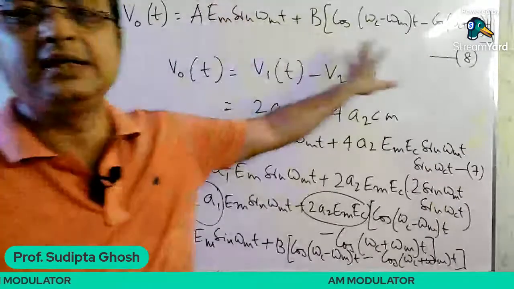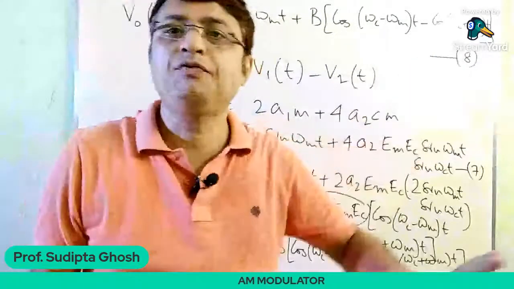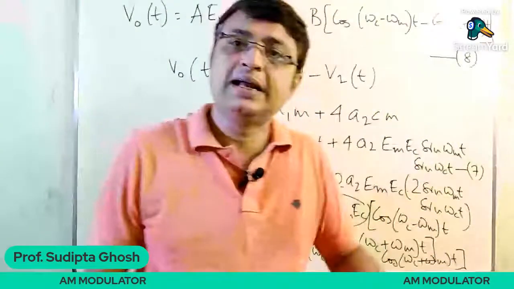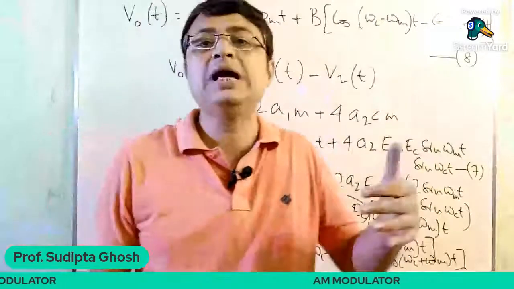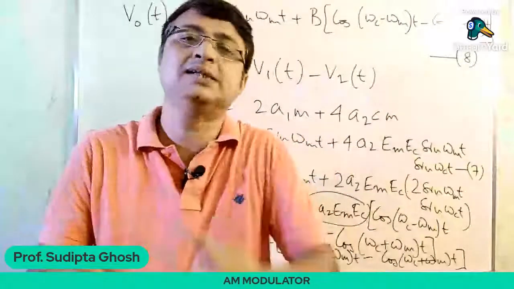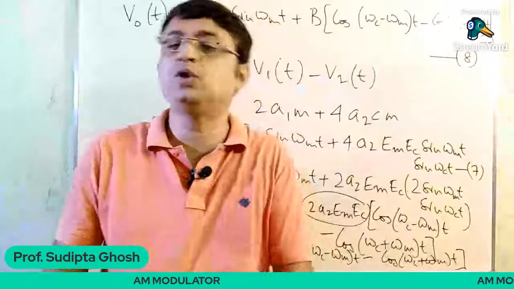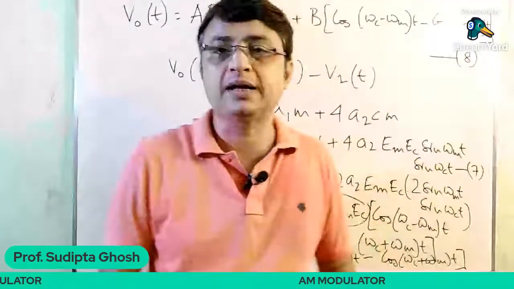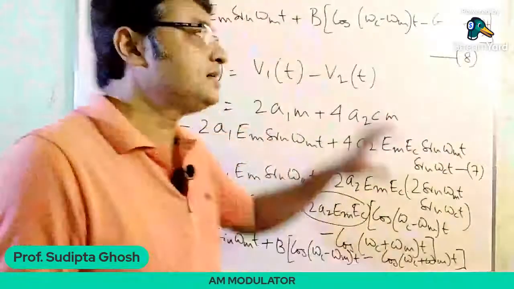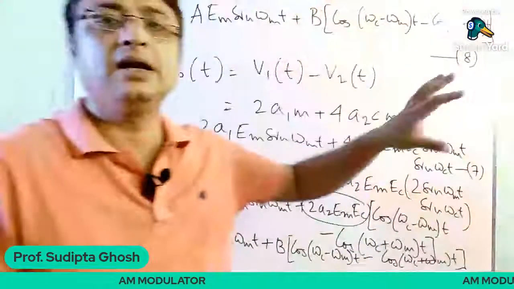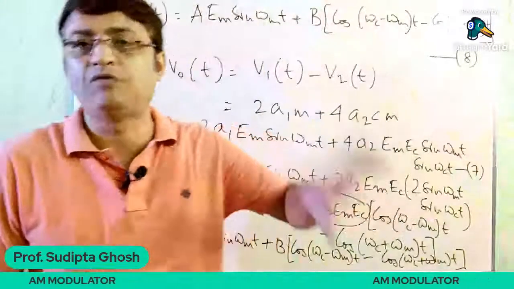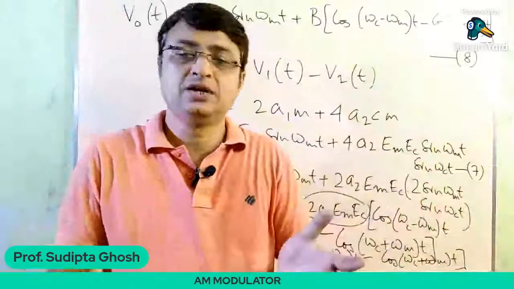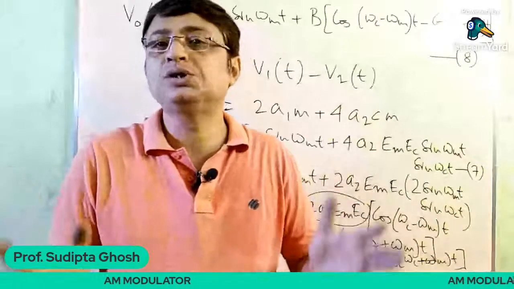So if you want to remove this information signal, we have to pass this voltage waveform through a tuned circuit. In the tuned circuit, this particular modulating voltage is removed, and then we are left with only the two sidebands.